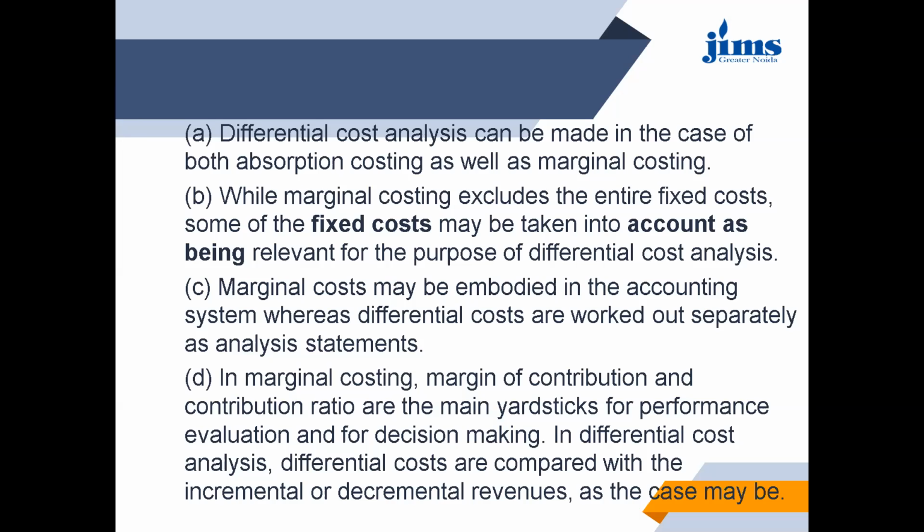Marginal cost may be embodied in the accounting system, whereas differential costs are worked out separately as analysis statements. In marginal costing, contribution, margin of contribution and contribution ratio are the main yardsticks for performance evaluation and decision making. In differential cost analysis, differential costs are compared with the incremental revenues or decremental revenues.